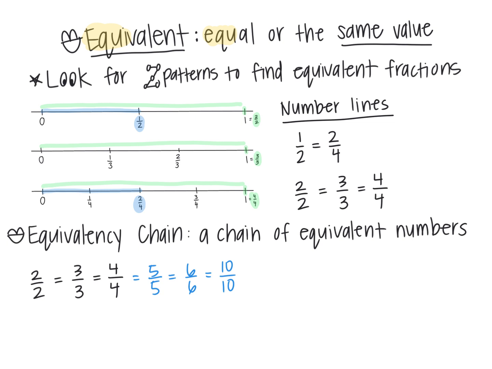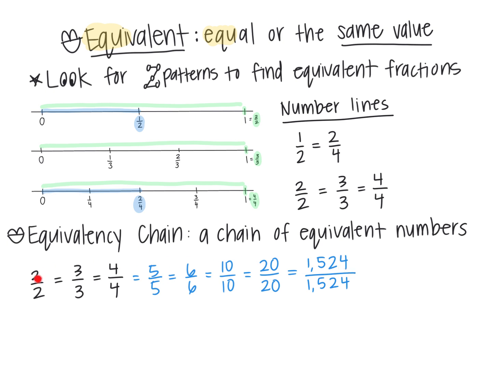So if you notice what the pattern is, I could say 20 over 20. I could even say 1,524. What would the denominator be? 1,524. We could go on and on and on.